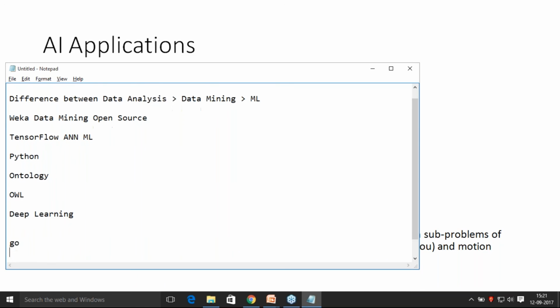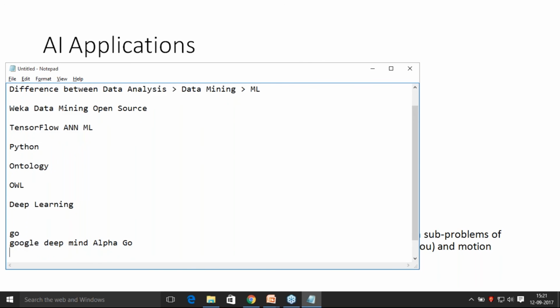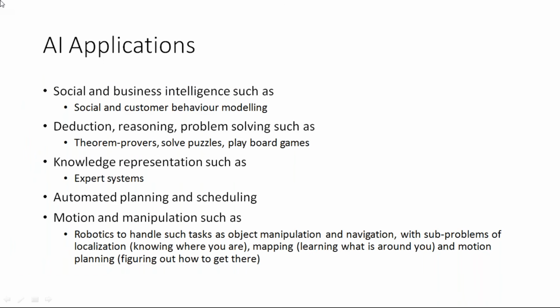Go is a game. Google had a system to play it, which we call Google DeepMind. They were calling it AlphaGo. Okay, so that's based on deduction and reasoning.